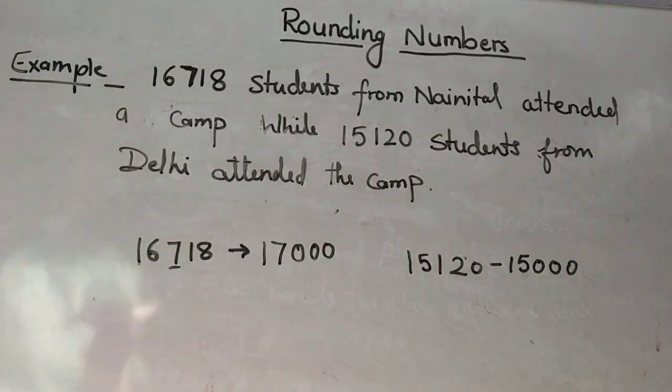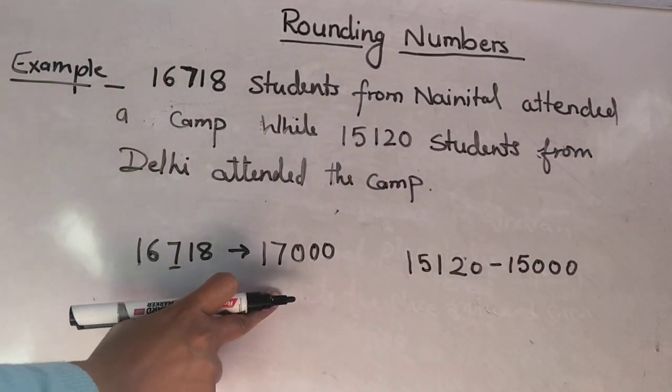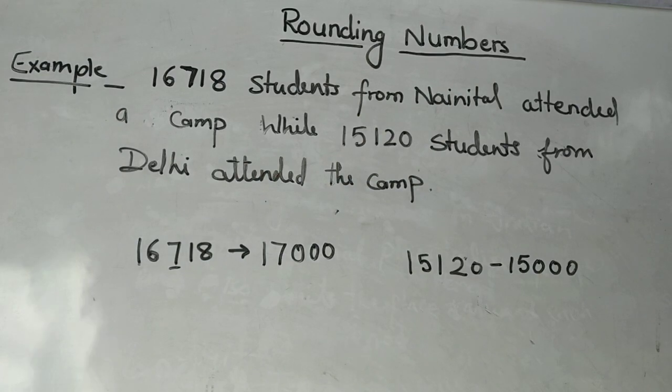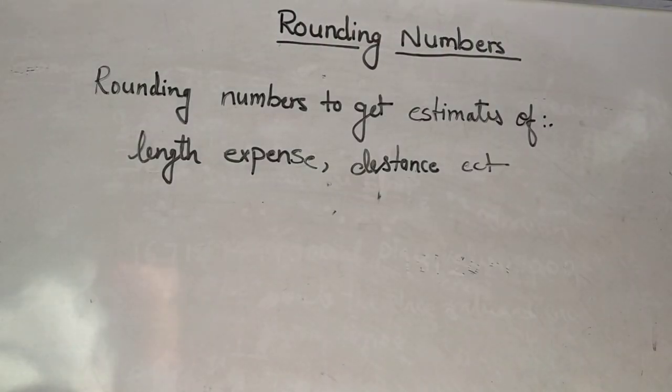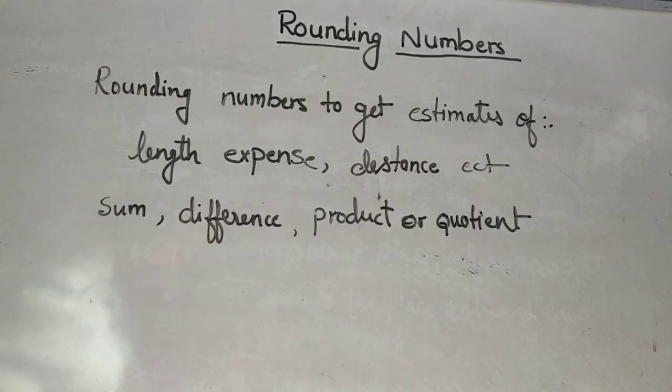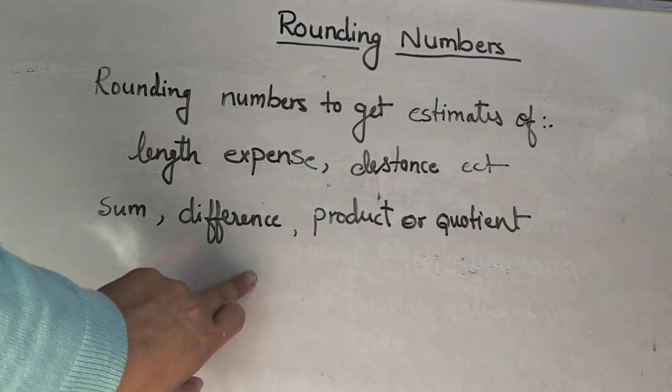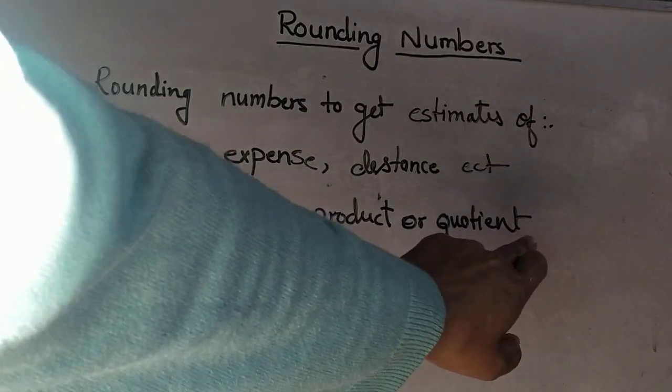We can say that 17,000 students from Nainital attended the camp and 15,000 students from Delhi attended this camp. We round numbers to get estimates of length, expenses, distance, and so on, or even to find some difference, product, or quotient.